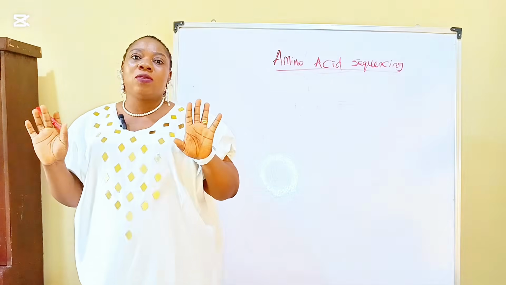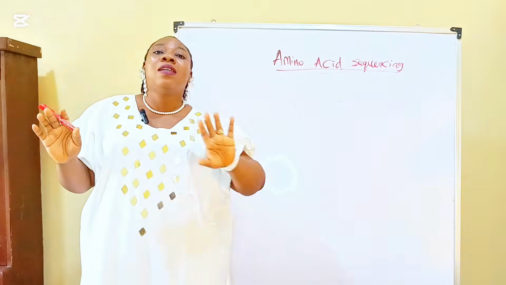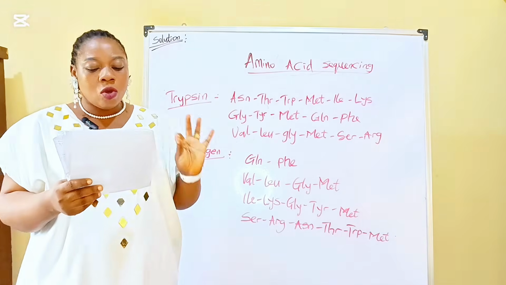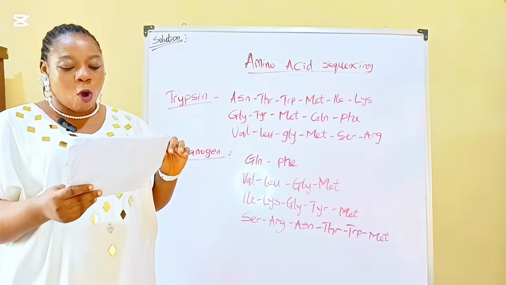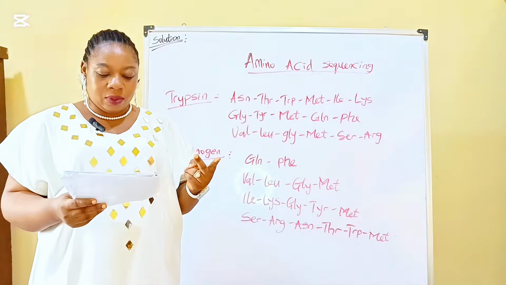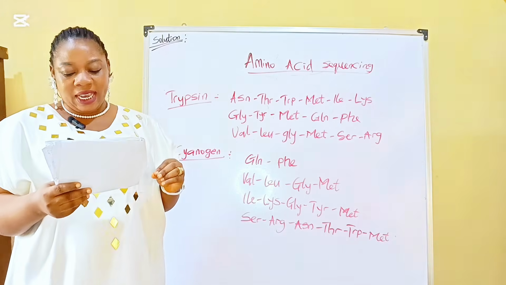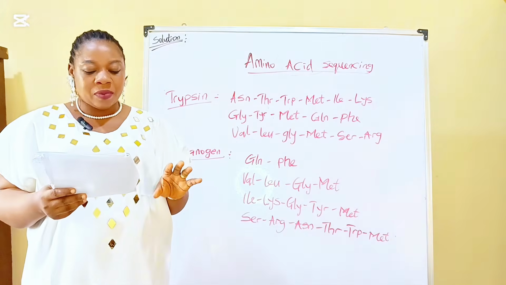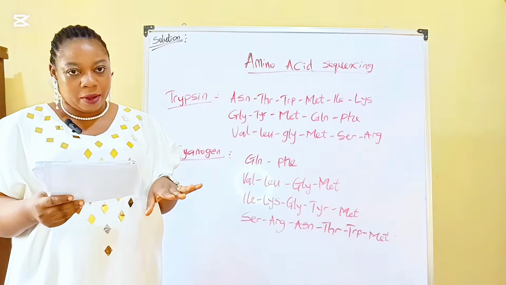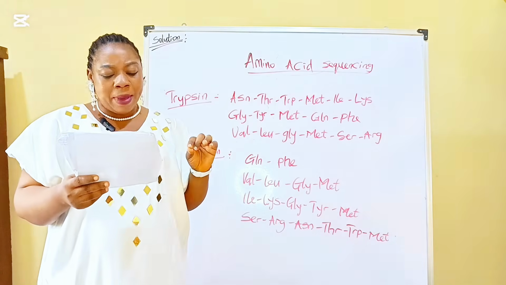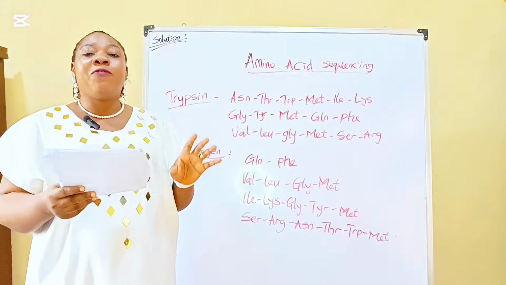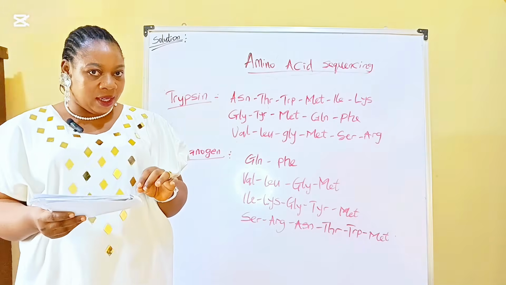So today, what we want to discuss is amino acid sequencing. Let's check out this question. A solution of peptide of unknown sequence was divided into two samples. One sample was treated with trypsin and the other was treated with cyanogen bromide. The smaller peptides obtained by trypsin had the following sequences.